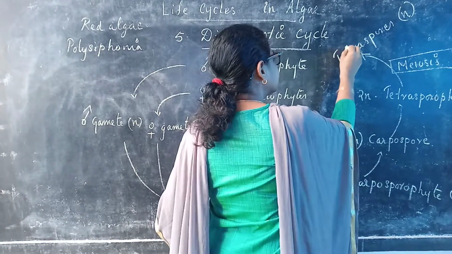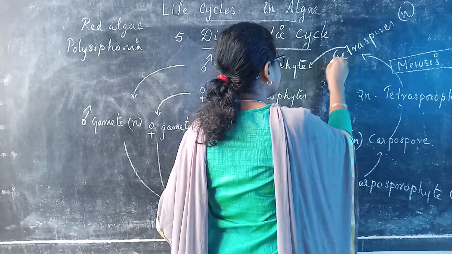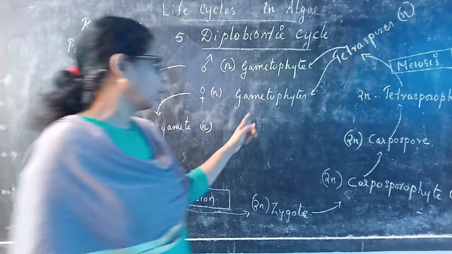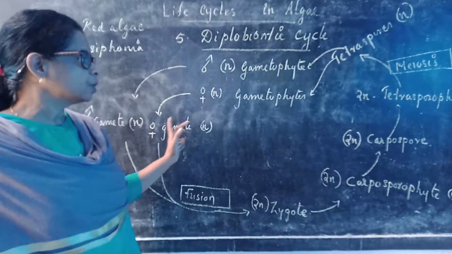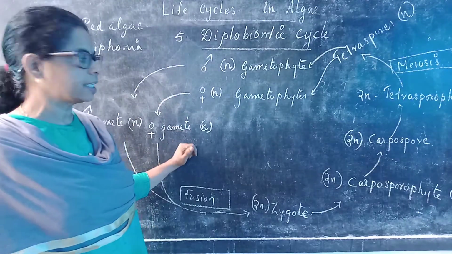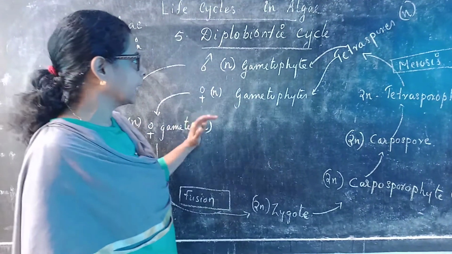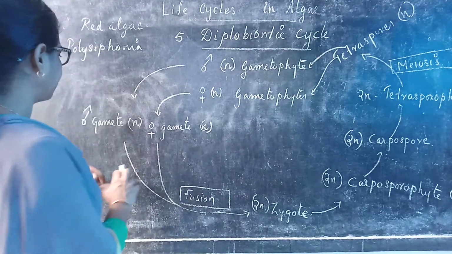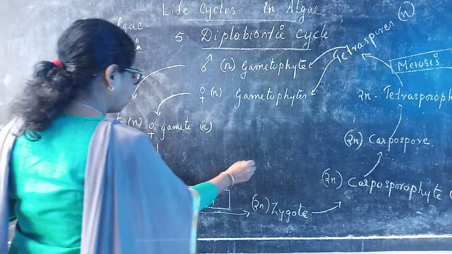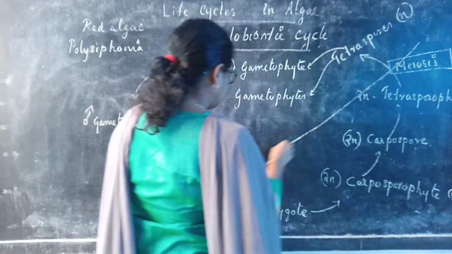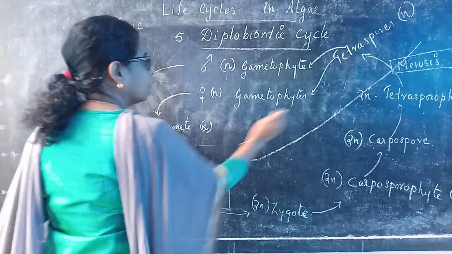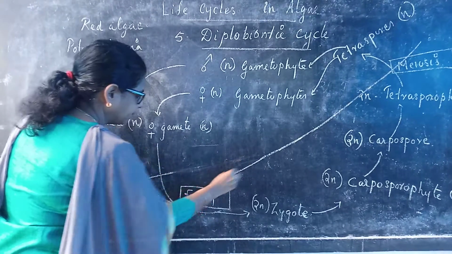So these tetraspores on germination give both haploid male as well as female gametophytes. So this is the life cycle in Polysiphonia, and you can see there are three distinct phases. There is a haploid gametophytic phase that intervenes between meiosis and fertilization.